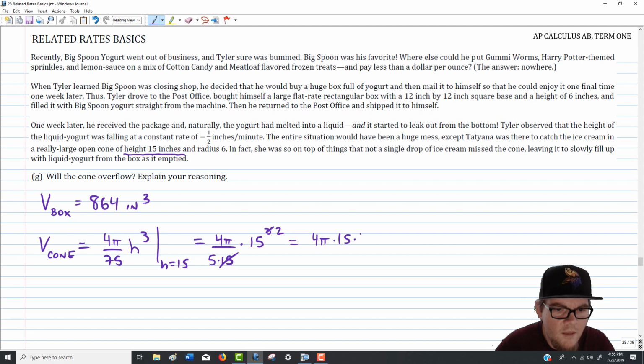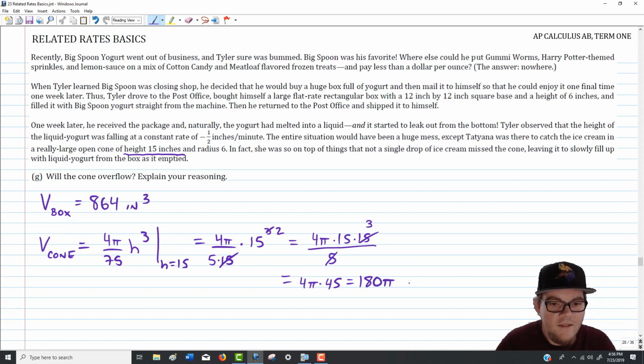I'm almost done with this problem set. I want to show off. So it's all over 5. The 5 can be simplified a little bit, so we're going to get instead 4 pi times 45. 45 times 2 is 90. That makes this whole thing 180 pi. So that's the entire volume of our cone.